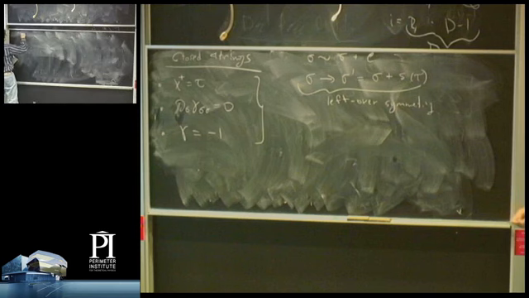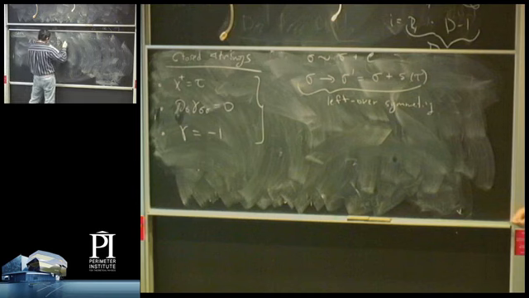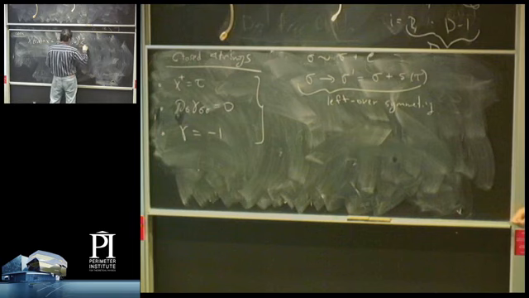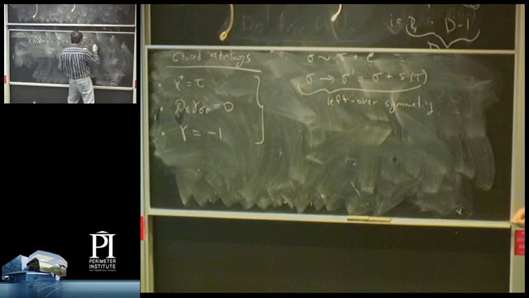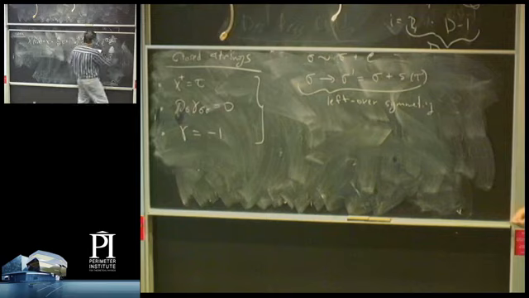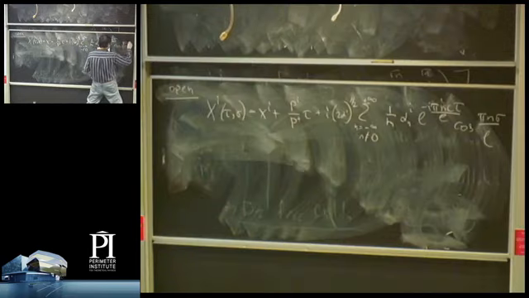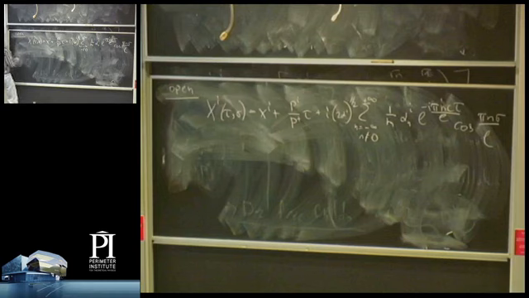In the case of open strings, we have the mode expansion of tau and sigma, which is xi plus pi over p plus tau, plus the sum over oscillators alpha I, with cosine of sigma divided by L. That's what we had in the case of open strings.